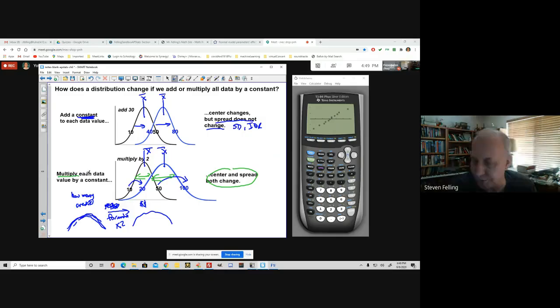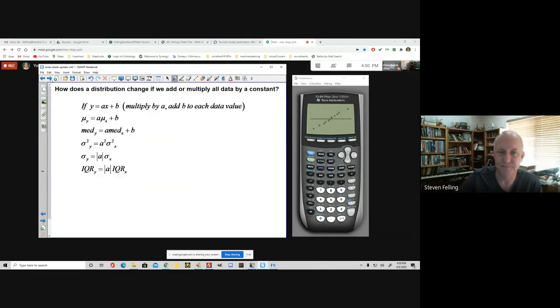And that's important because we want to be cognizant of that when we process changes of data. And we're going to do an example here in a second to show what that's like. Okay, this is really complicated. And this, if you look at the formula sheets for AP statistics, they'll say things like this on it. That says, if a new data set Y is found by taking an old data set and multiplying by A and adding B, then the new mean and the new median will exactly follow that algebra.